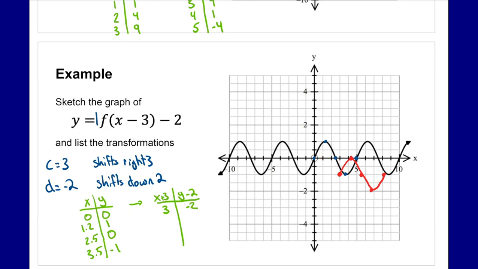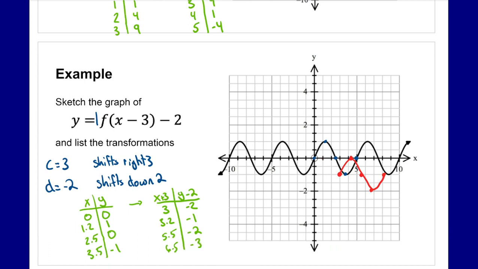Take the next point. 1.2 plus 3 is 4.2. 1 minus 2 is -1. 2.5 plus 3 is 5.5. 0 minus 2 is -2. 3.5 plus 3 is 6.5. -1 minus 2 is -3.